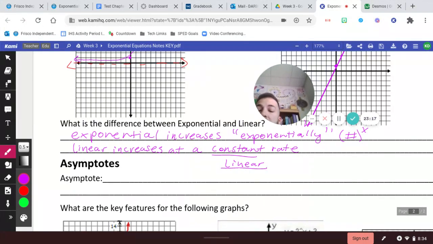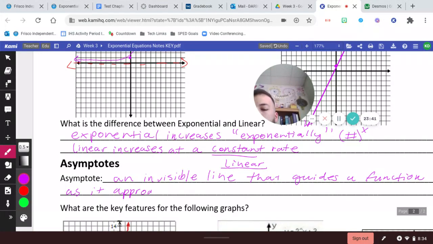Okay. Now our asymptotes, we already talked about this a little bit before, is an invisible line that guides a function as it approaches infinity.